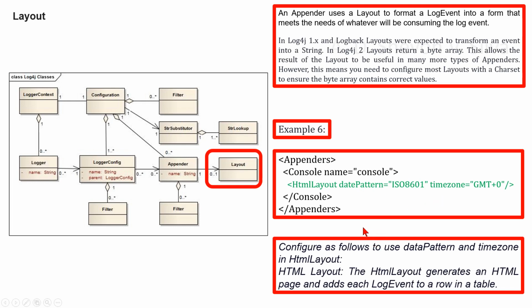HTML layout generates an HTML page and adds each log event to a row in a table. So here date pattern, parameter name, and this type is string, the date format for the logging event. The default is JVM_ELAPSED_TIME, which outputs the milliseconds since the JVM started.